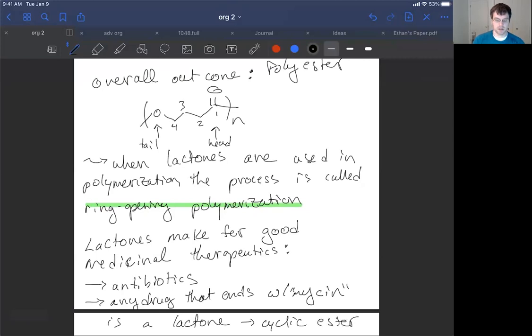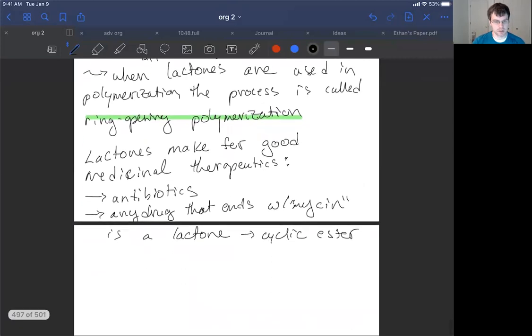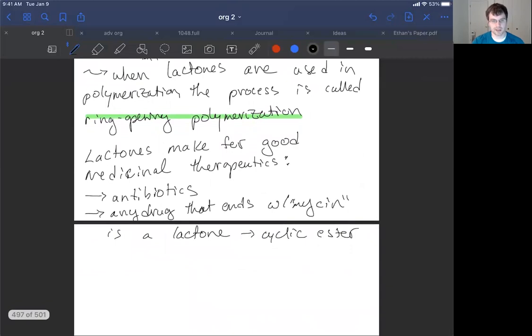It's very prominent in medicinal chemistry. I studied these when I was in grad school. A lot of interesting metabolic pathways produce really interesting lactones that can be used for a number of biological purposes.